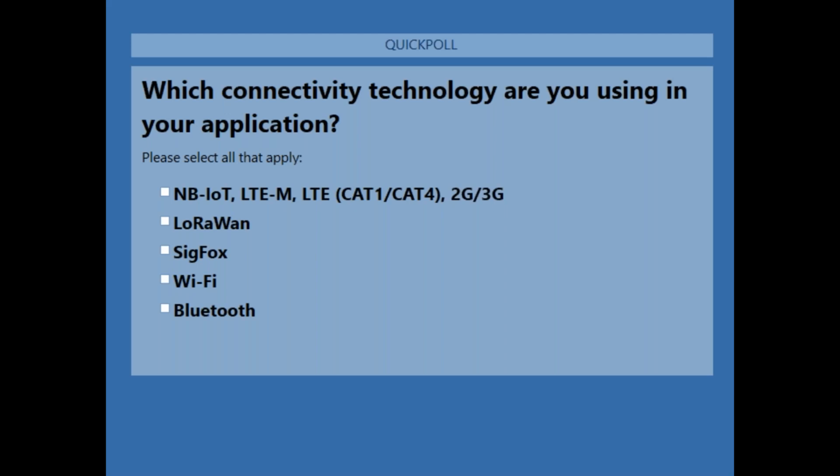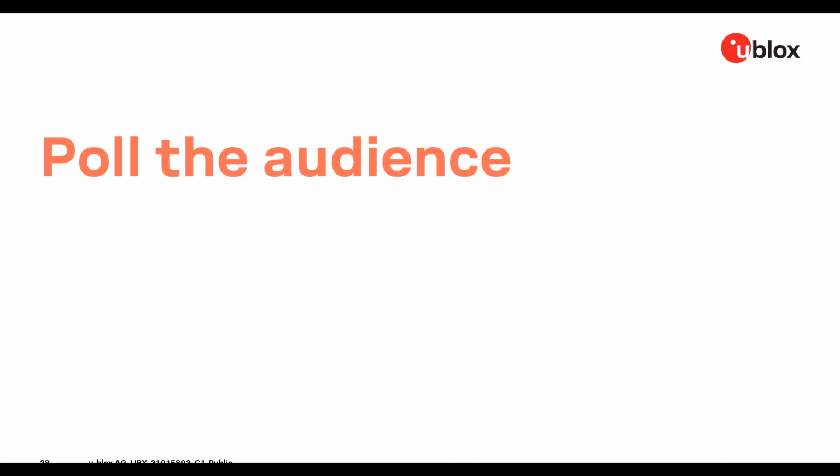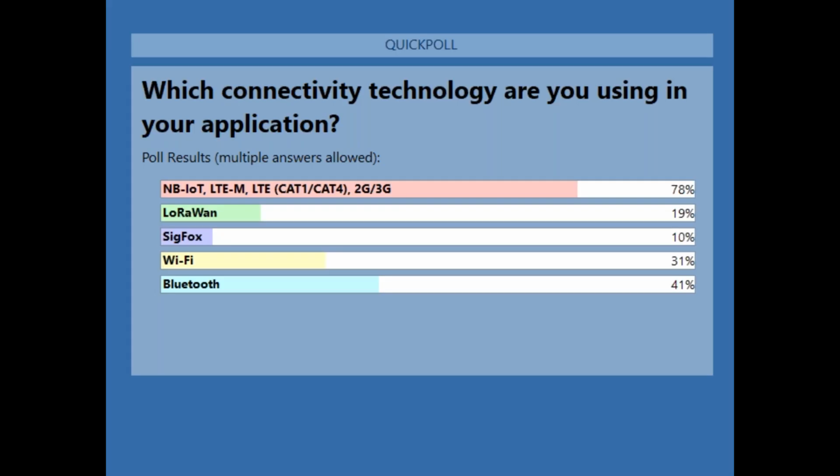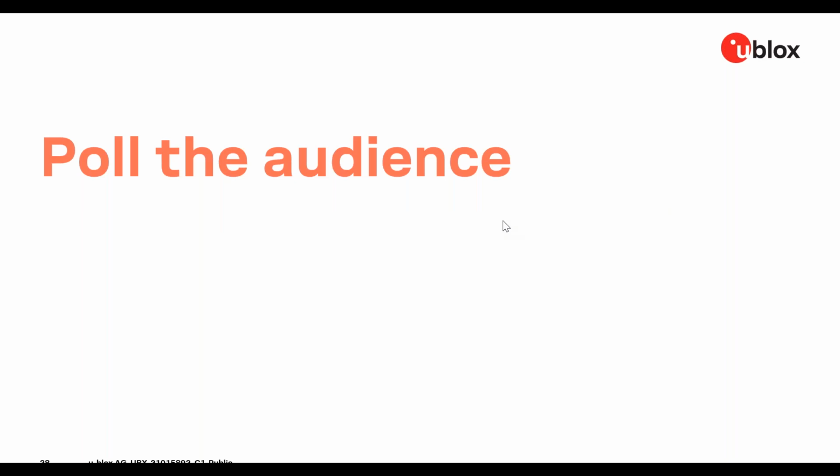Okay, I'm going to close the poll now and let's share the results. Looks like most, 78%, are choosing a cellular technology, NB-IoT, LTE-M, or higher Cat LTE, followed by 41% Bluetooth. So we have multiple answers for various applications. All right. Well, that's very interesting. Thanks to everybody.